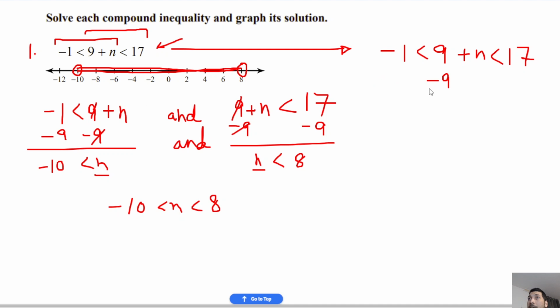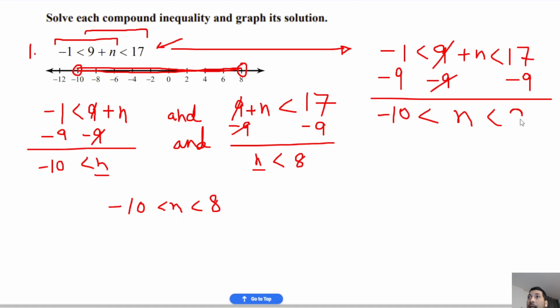So when I subtract 9 here, I need to subtract 9 on this side and also on this side. And when I do that, I see that I get n here, and I have -1 minus 9, that is -10. And here I have 17 minus 9, that is 8, which is exactly same as this inequality.